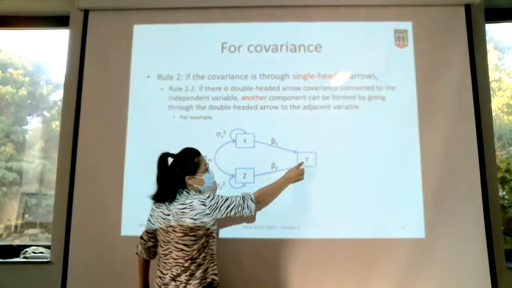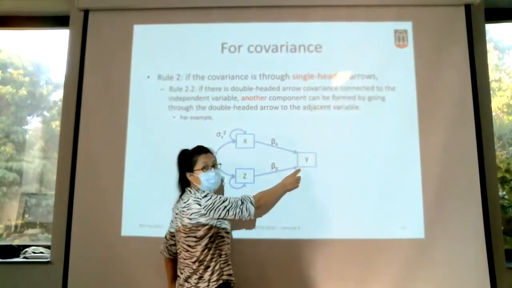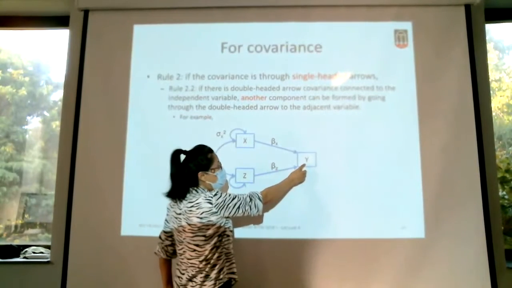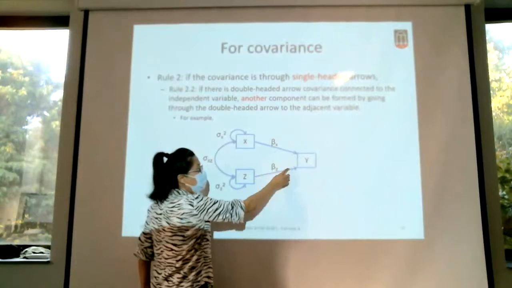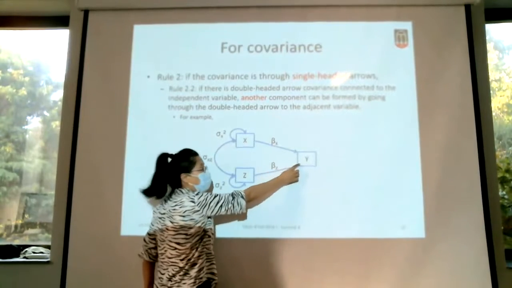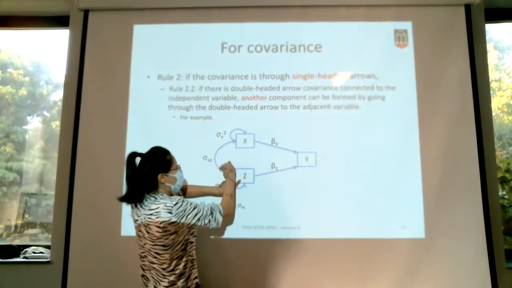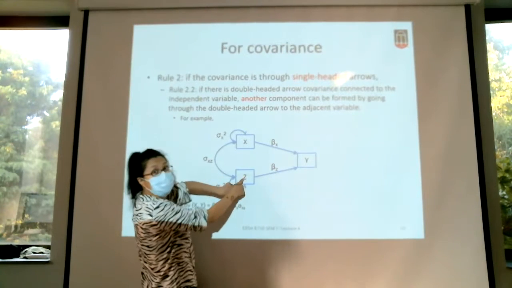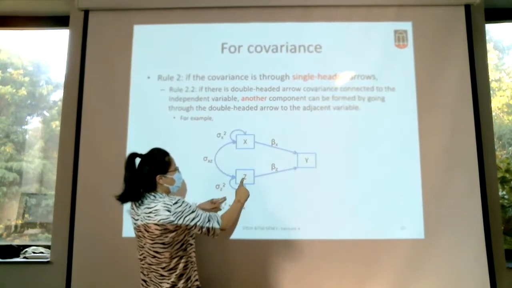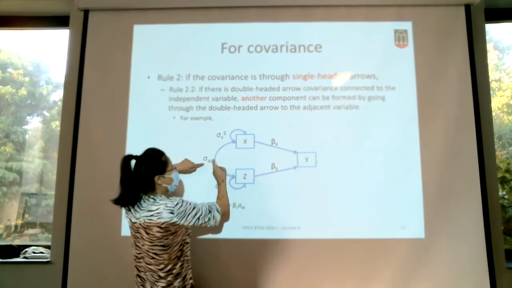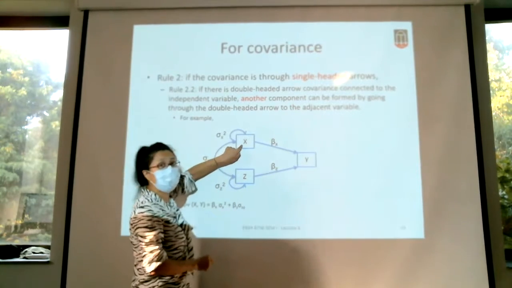So starting from the y, the dependent variable, go back to the single-headed arrow. This is another single-headed arrow. Go back to z. Z, there's a double-headed arrow between x and z. So you go through this double-headed arrow, stop at x.